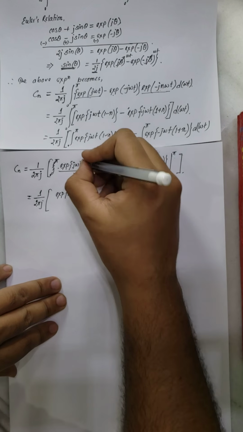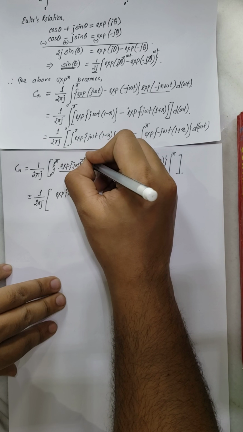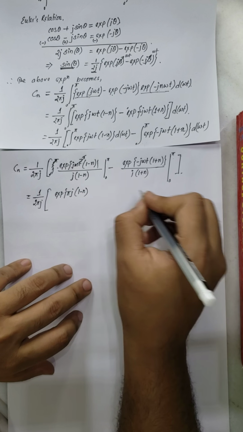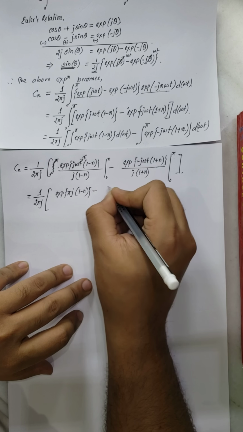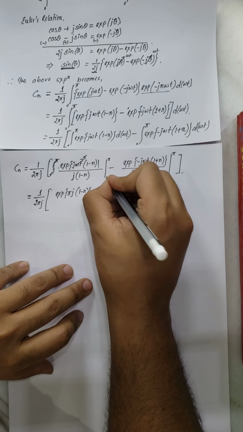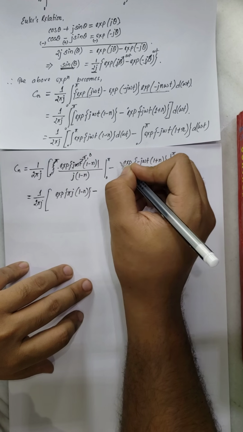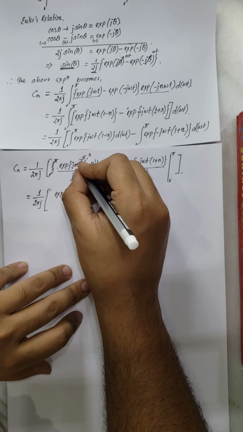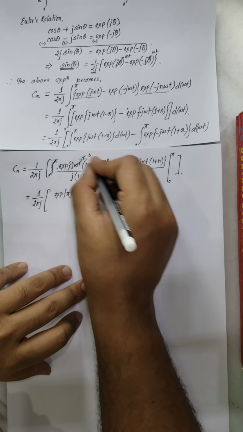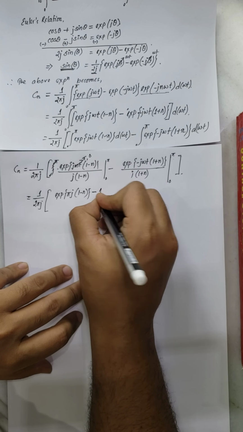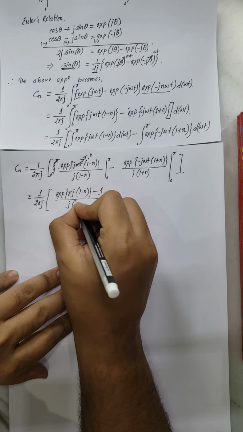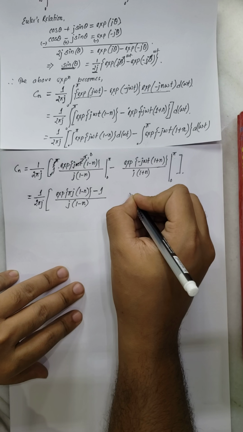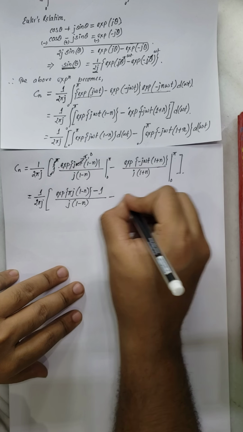That means here omega t is replaced by pi at first, and then omega t is replaced by 0. Upon replacing omega t with 0, this term becomes 1, and the denominator remains as it was.